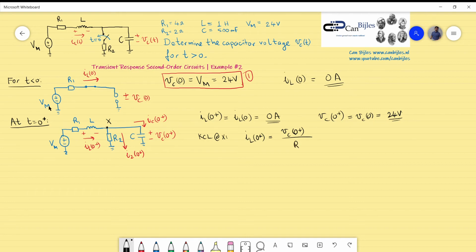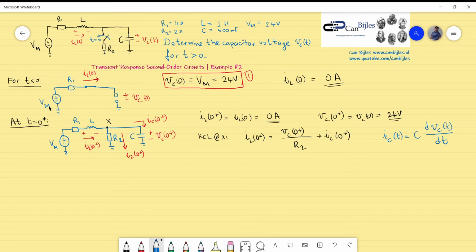So I2 is VC divided by R2, and I have the capacitor current, which is IC at 0 plus. We know there is a formula for the current of the capacitor: IC is equal to C times the derivative of the capacitor voltage.